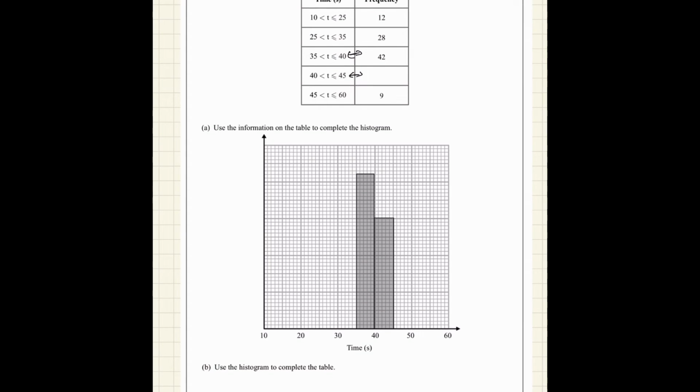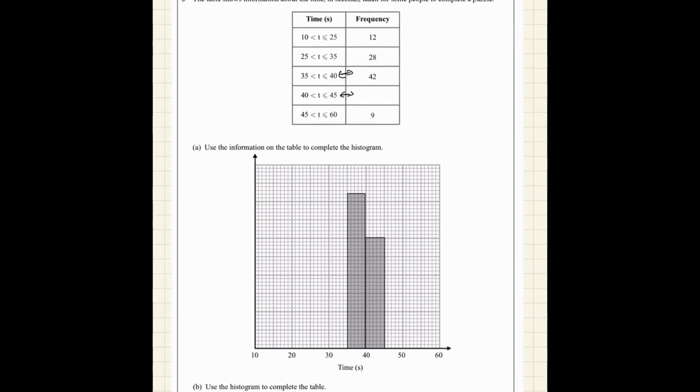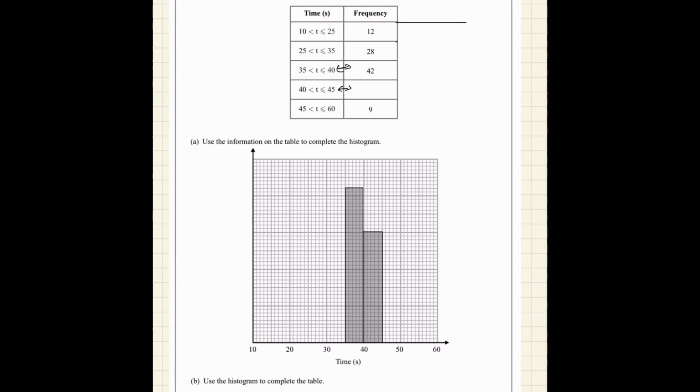Why is that? Well, the other table that we need is a table for frequency density. Now the frequency density gives us the heights for each of these bars. So frequency density is the height of this bar. So this is 42 over 5, which gives us 8.4.